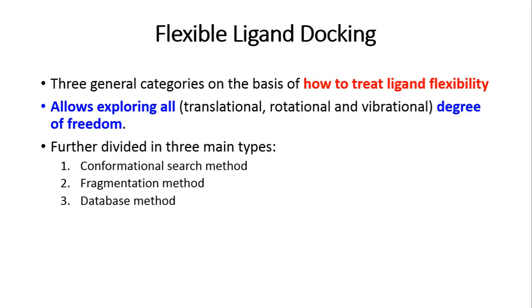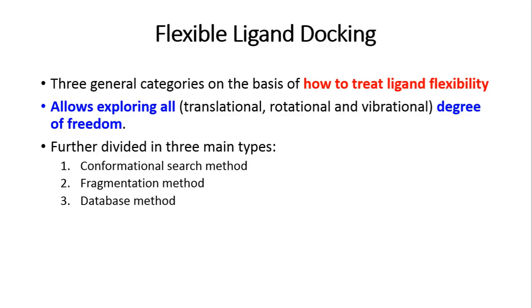Okay, so based on how you treat the ligand flexibility, you have three general categories of how the pose prediction algorithms work.